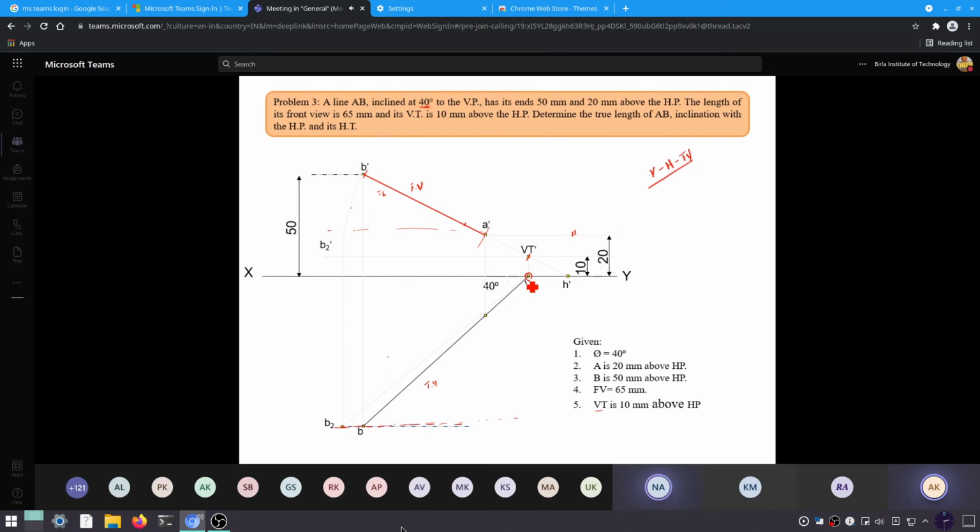So this is basically the length of vertical, capital V. So this is true length from capital V to point B. Okay. Instead of small a to B, we have capital V to B. So this is the true length of that.